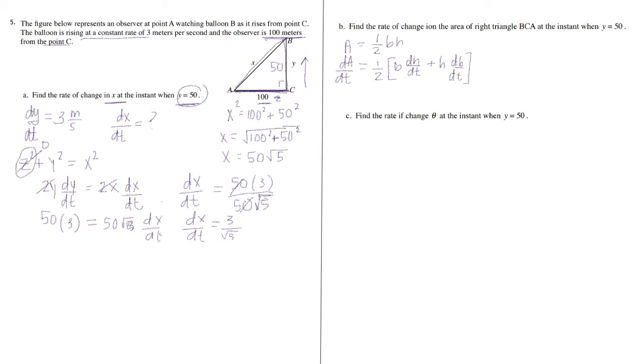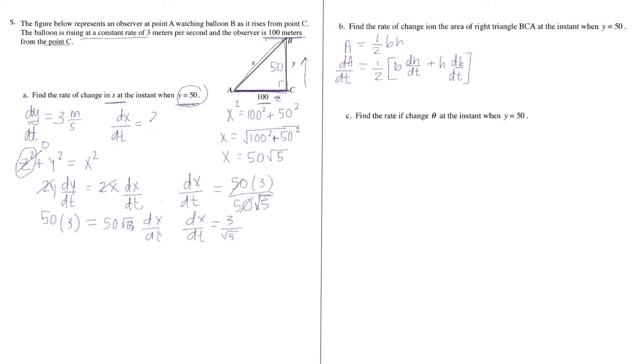All right, okay. So at the instant when y is 50, well, we already have some of this information already. So let's go back and look. We have the base times the rate of change of the height, plus the height times the rate of change of the base, and the base isn't changing.